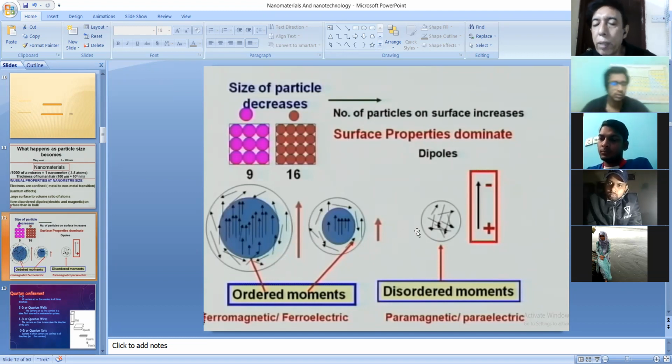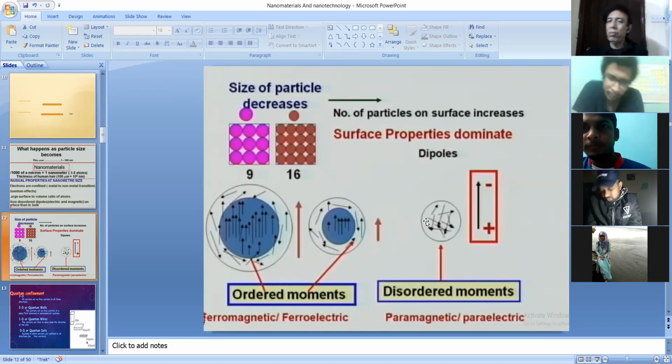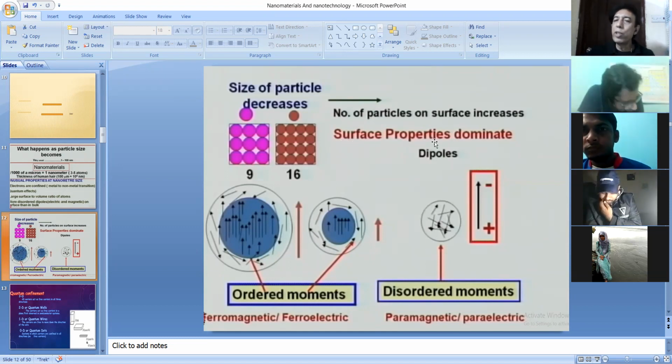But when it becomes nano, there is a large amount of surface energy, so the dipoles become disordered. So the magnetic property changes because surface properties dominate.